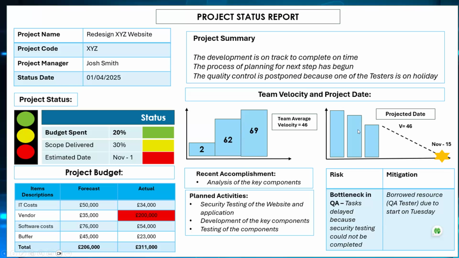And then here you're looking at the projected date, for the first month, the second month, and you can see things were coming down. Okay, so it's like the work that is being done is going down. So if it continues the way it's going, what it's trying to say is that this is going to end by November 15. And remember the timeline, the estimated date for the particular release was meant to be November 1st.